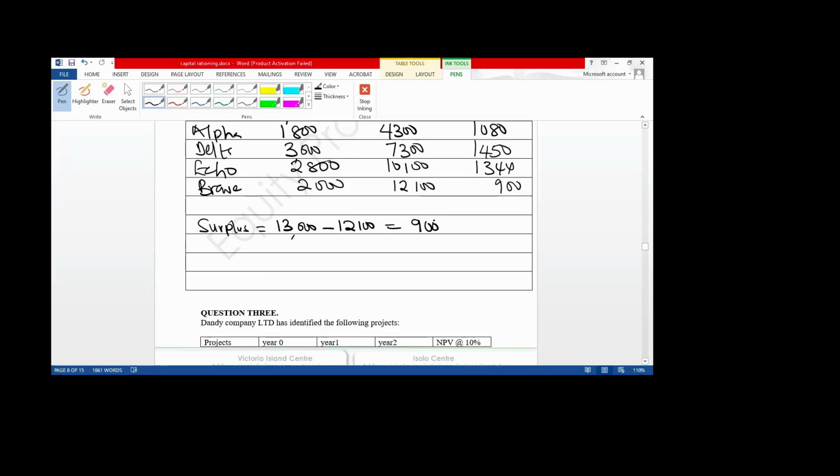Examiner says surplus funds can be reinvested at 20% per annum. So we are going to reinvest surplus funds.